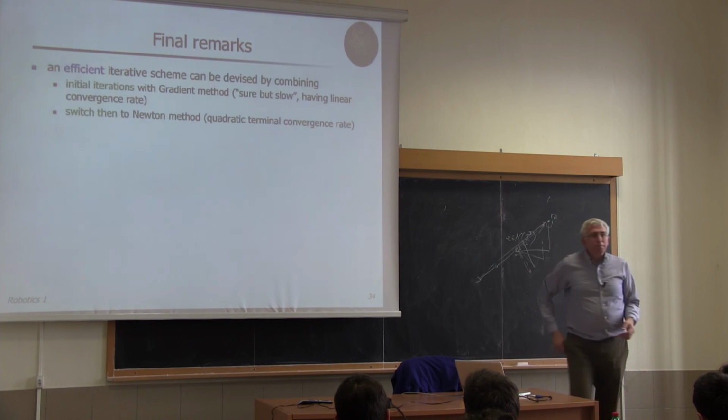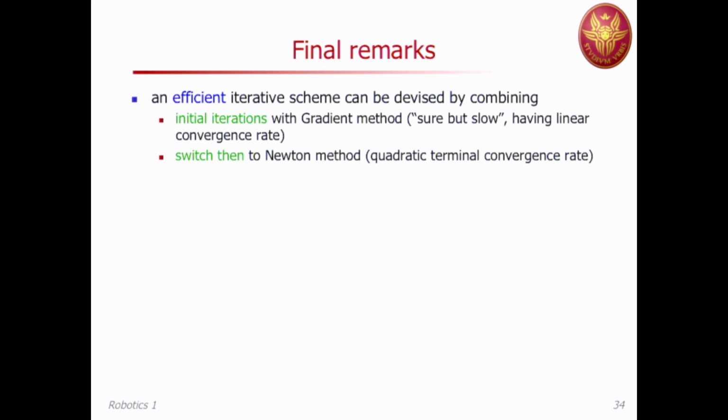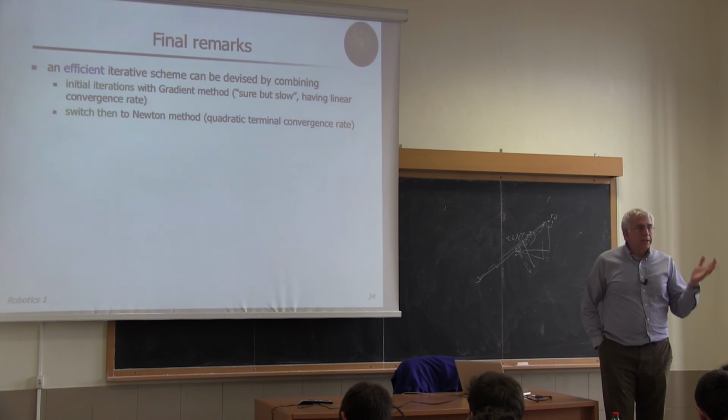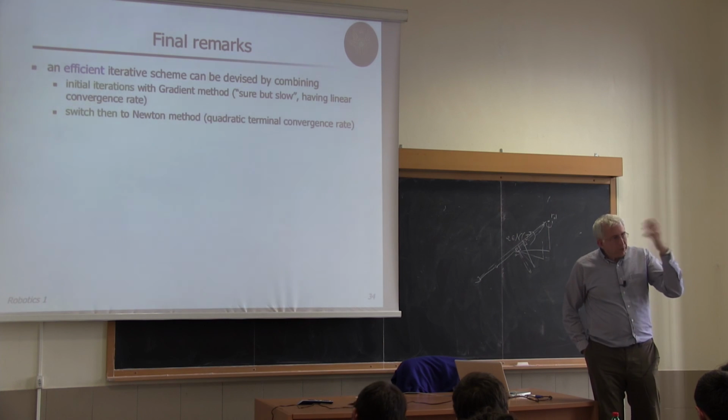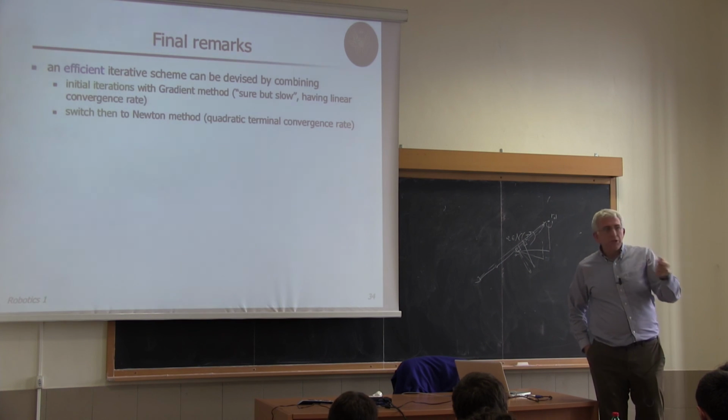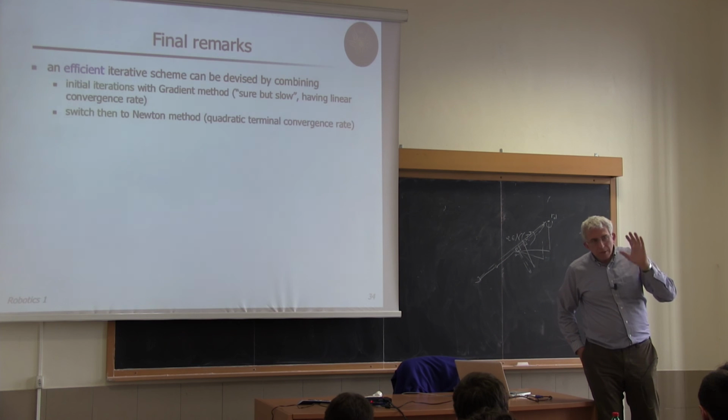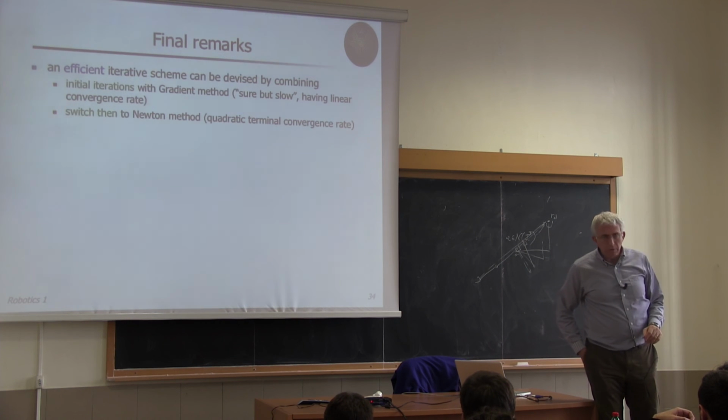If you think a little bit about the pros and cons of the two methods, the most efficient iterative method would be the following one. You start with the gradient method because, unless you're very unlucky and then you need to change the start, it will slowly move toward the solution.